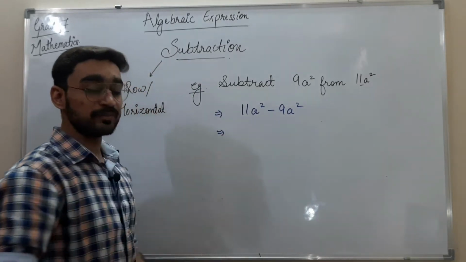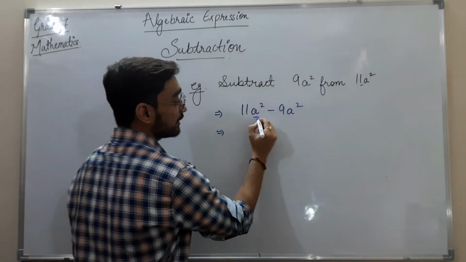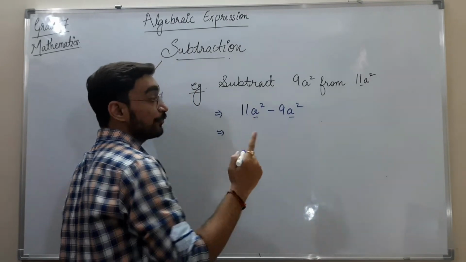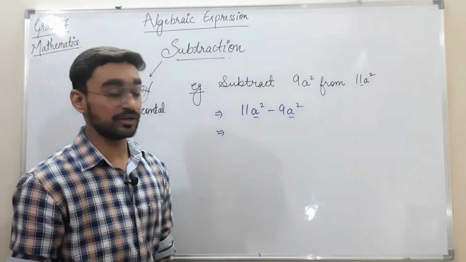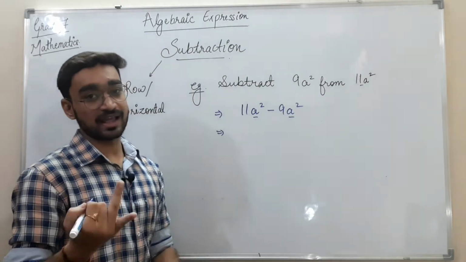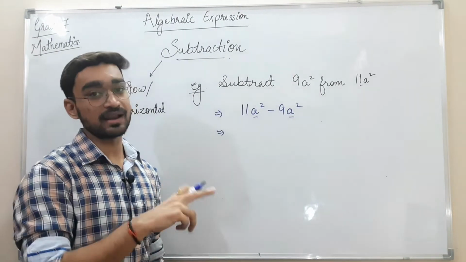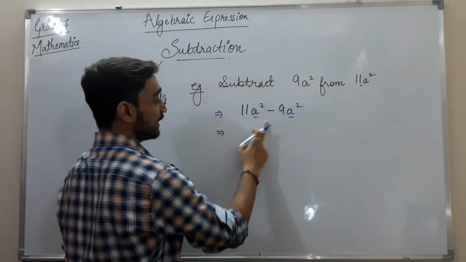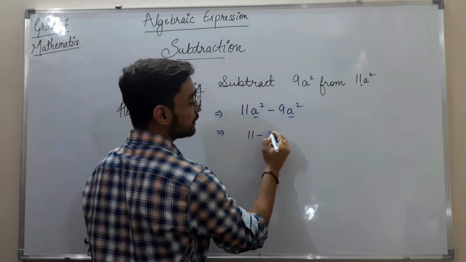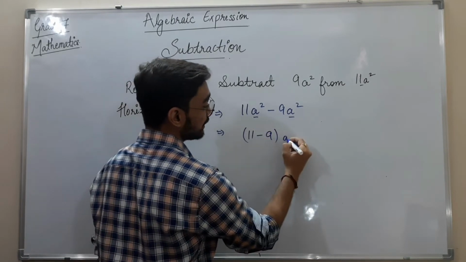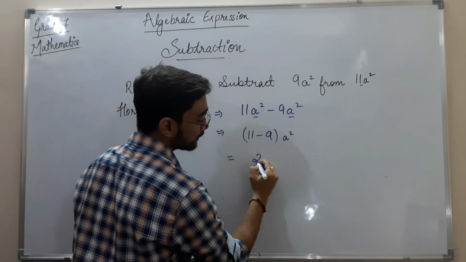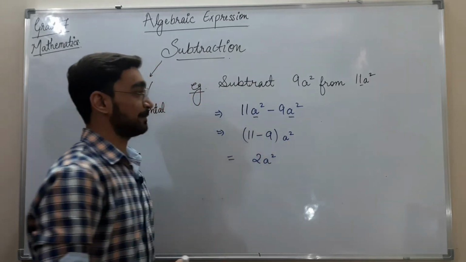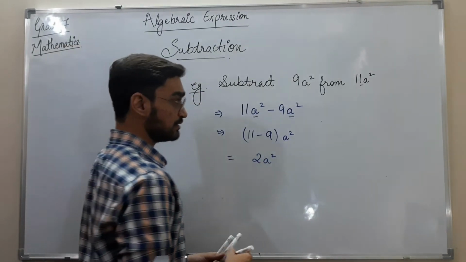Then as with addition, as I told you in the last video, we can do subtraction and addition only when they are like terms. So they both are like terms. 11 minus 9 a square will give you 2a square. Okay, very easy one.